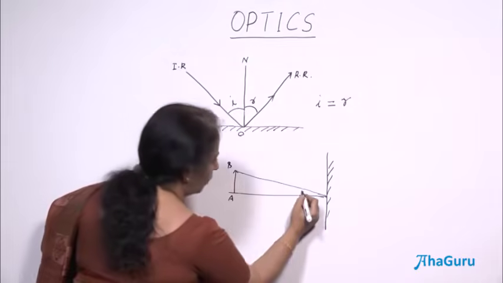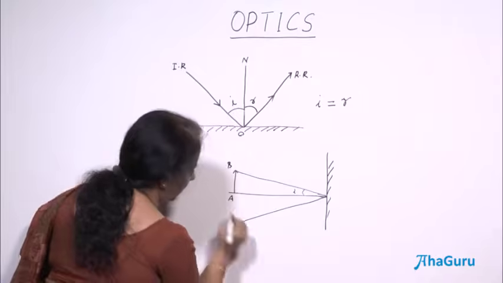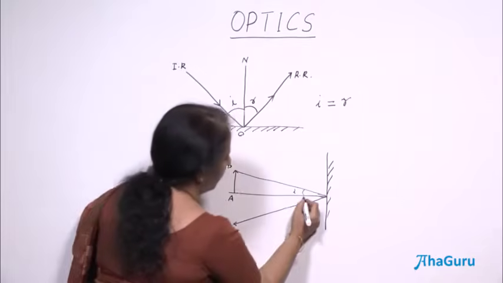Okay. So, this is the angle of incidence. Naturally it will be reflected here. So, this is the angle of reflection.